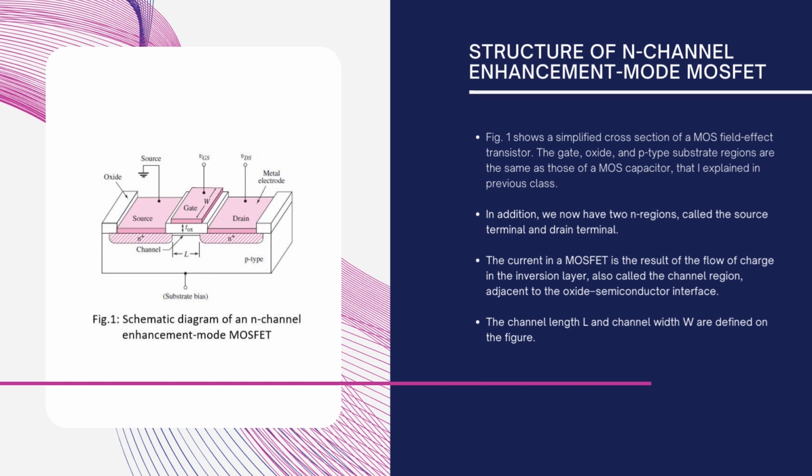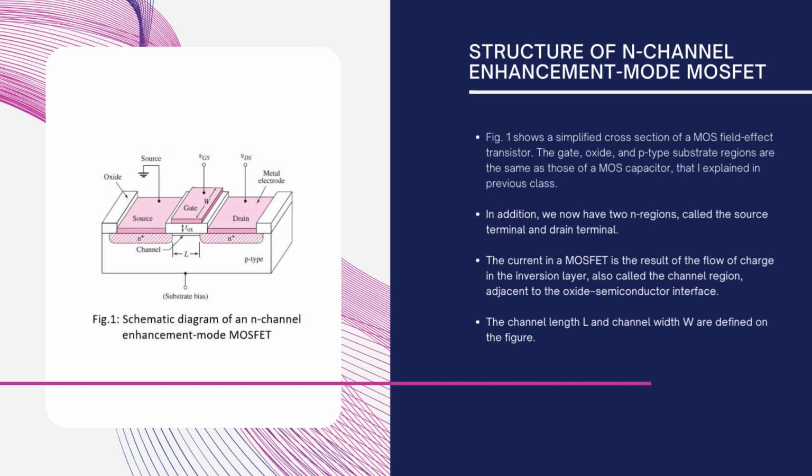Here we can see this is an N-type MOSFET. The substrate in the N channel MOSFET is of P type. Now, we can see there is a source region and a drain region. The source and the drain regions are heavily doped, so we can see N plus written.